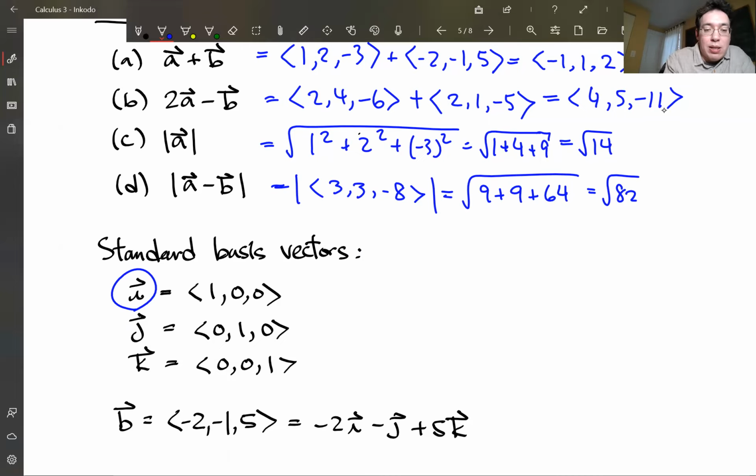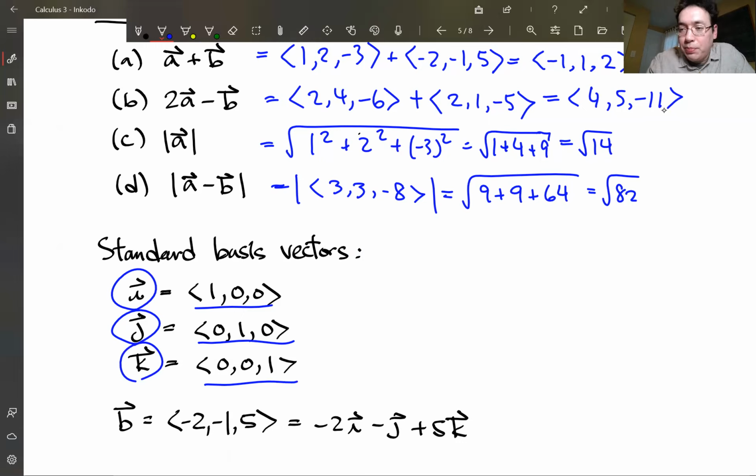So this is the vector 1, 0, 0. j is 0, 1, 0, and k is 0, 0, 1. So these are three different unit vectors. A unit vector is a vector that has length 1 pointing in the x, y, and z direction.